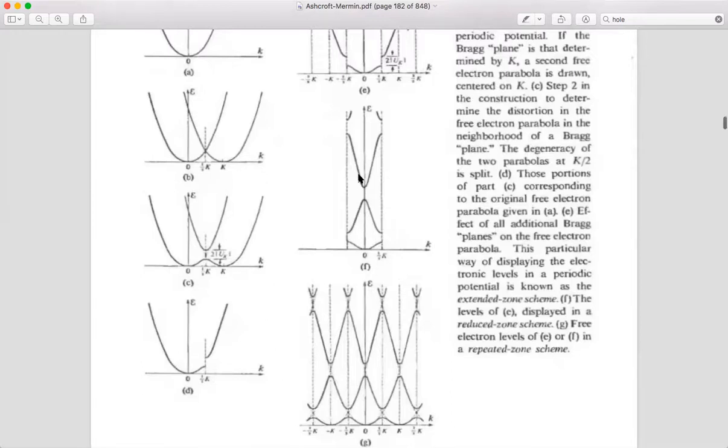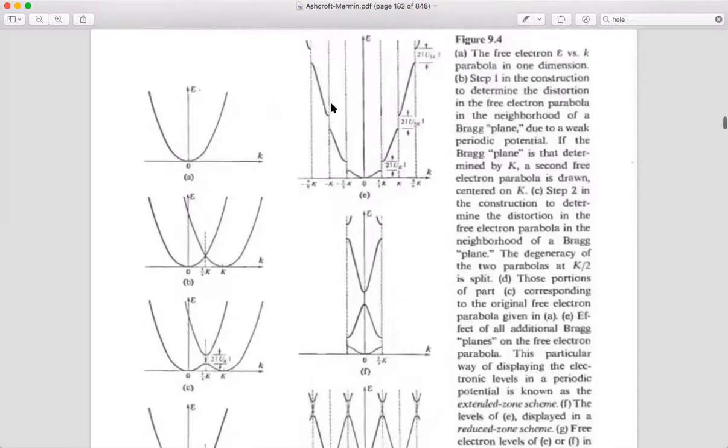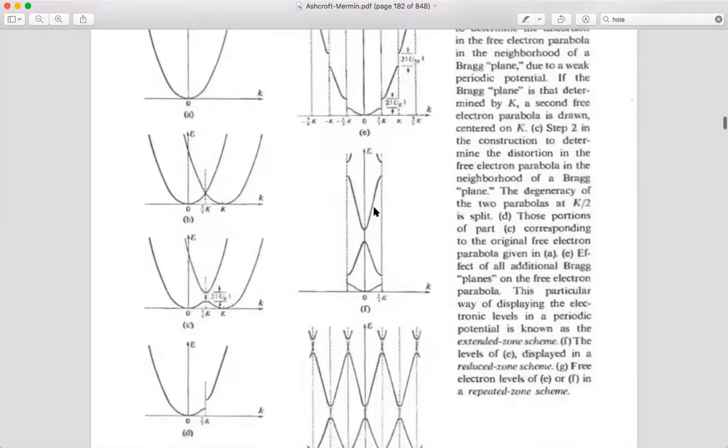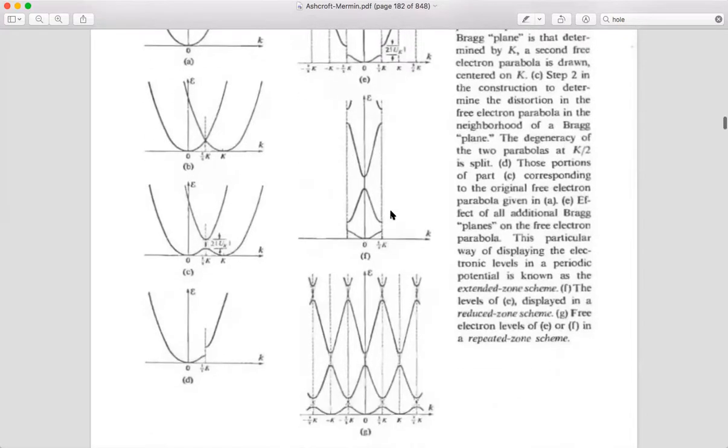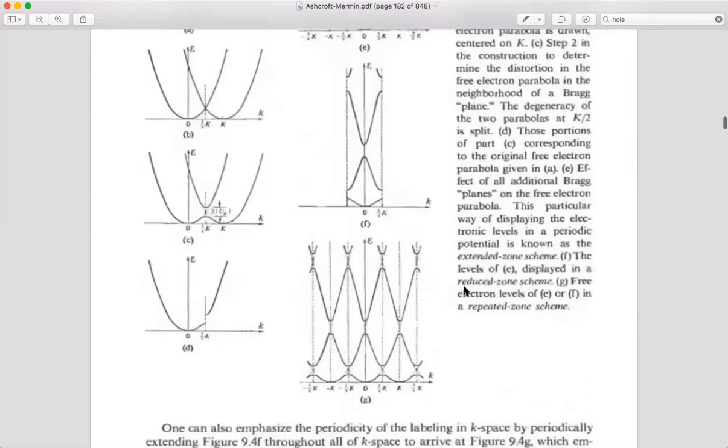But what it means is that I can have a similar picture, because these are periodic functions: I can keep this and translate this by 2G and draw that also. I can keep this, translate it by G and draw that also. So then I'll have all these pieces, all these bands drawn in all the Brillouin zones. So that is this picture.